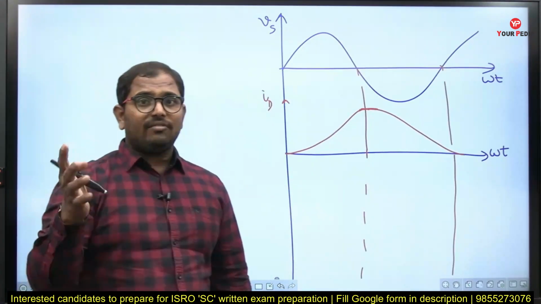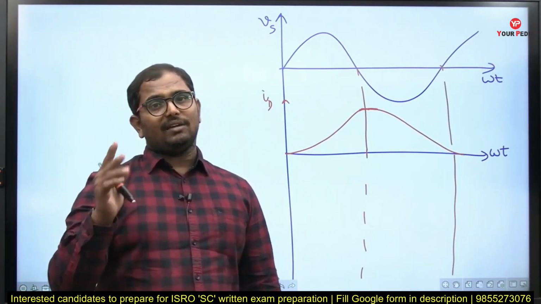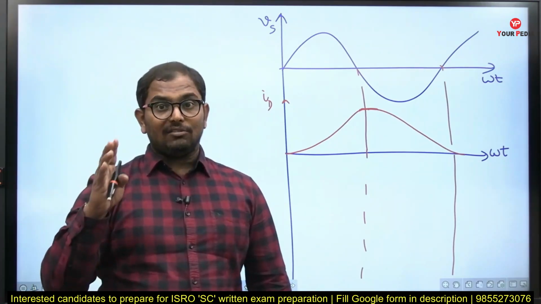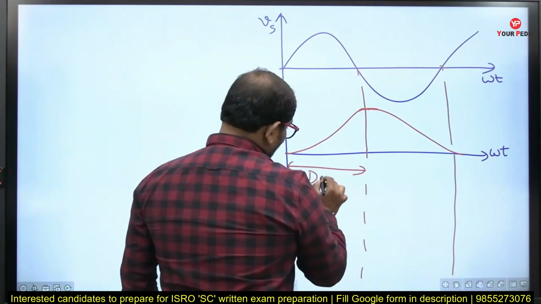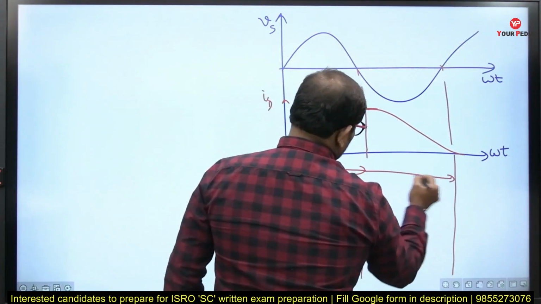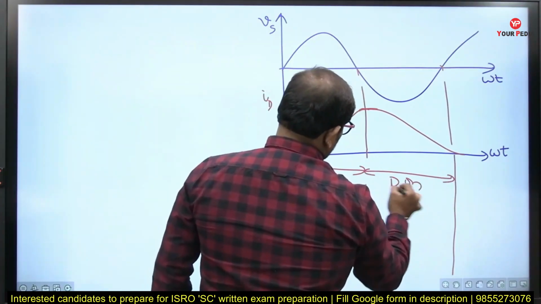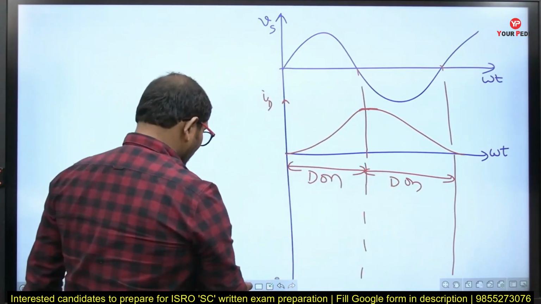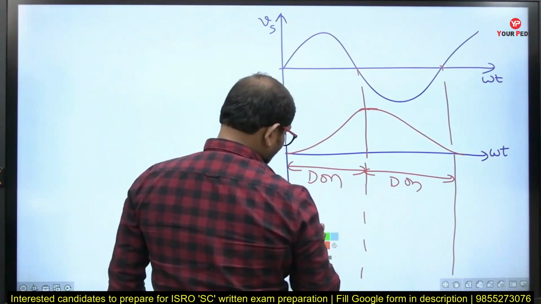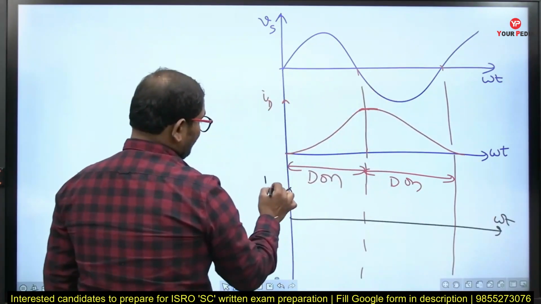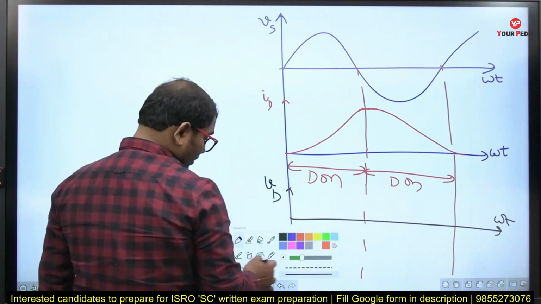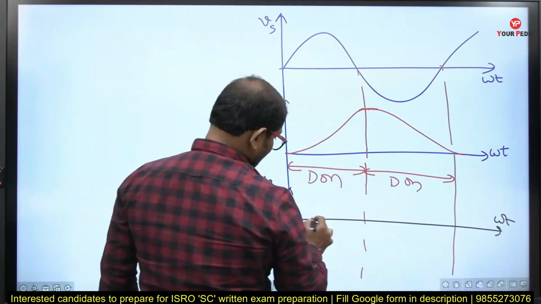If any device is carrying current, that device is in on state. So from here to here, the diode is in on state. If the diode is in on state, what is the voltage across the diode? It will be 0, like this.